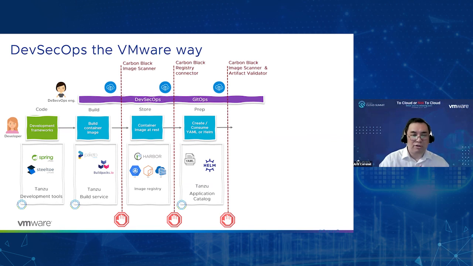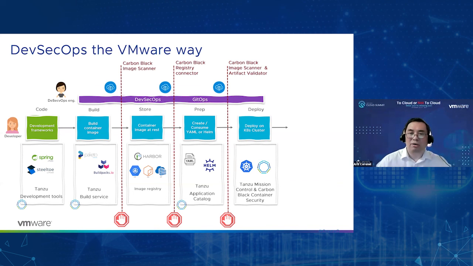That's where we have our Tanzu Mission Control and Carbon Black Container Security for that. And then finally, we have the runtime, all the different workloads in the cluster, how they are connected to each other. Are they consuming something outside of the cluster? On all of these different aspects of runtime security that you need to be aware. And again, we have Tanzu Mission Control and Carbon Black Container Security also for that.